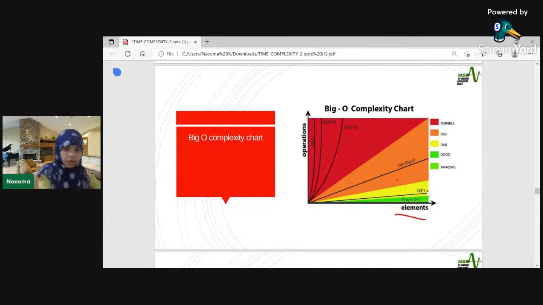Next, we have big O of n, which is called linear time. Here the time taken is proportional to the size of input. And the rest, big O of n log n, big O of n square, big O of 2 power n, and big O of n factorial, are expensive in terms of time complexity, meaning they aren't very efficient.